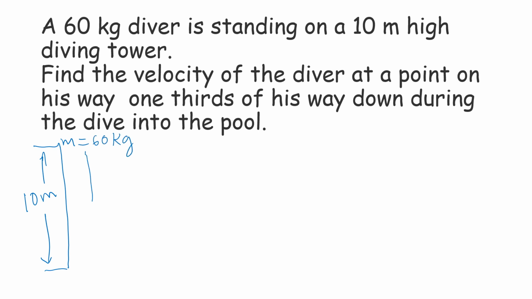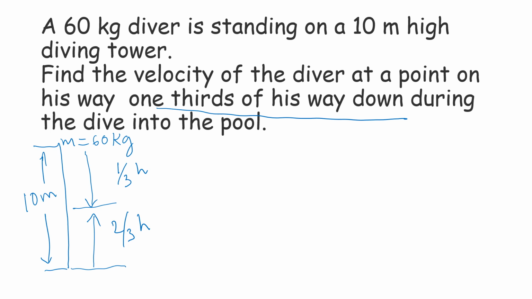And he's jumping off that point, and when he reaches a distance which is 2/3 above the ground, he is covering a distance of 1/3 of his way down. That means 1/3 of the total height he has covered as he is falling down. So at this point, which is 2/3 above the ground, we need to find out his velocity.